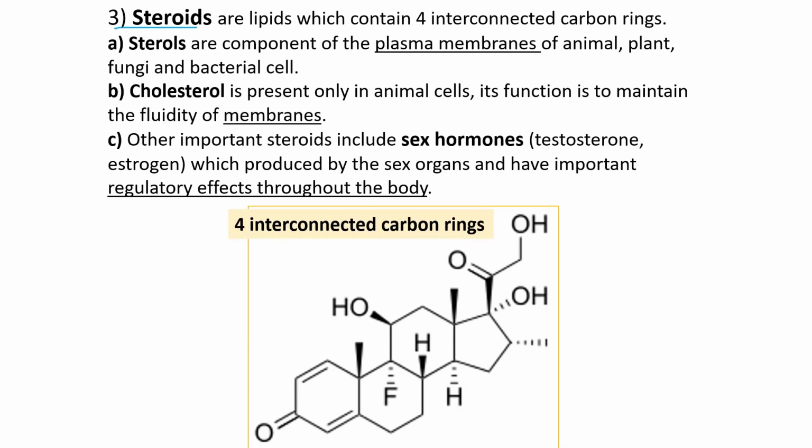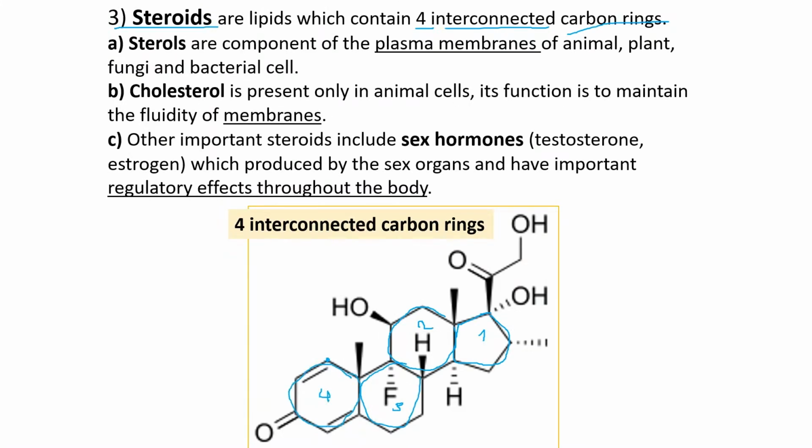The third type of lipids is called steroids. Steroids are very interesting molecules because they contain four interconnected carbon rings. So here is one ring, here one ring, second ring here, third ring here, fourth ring here.